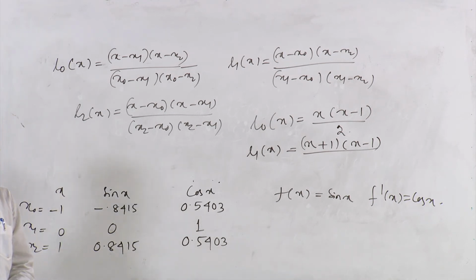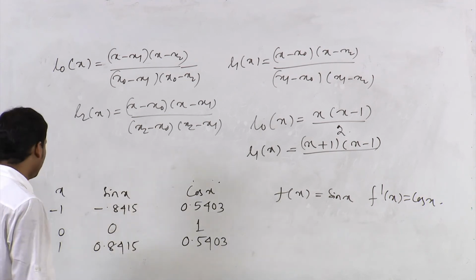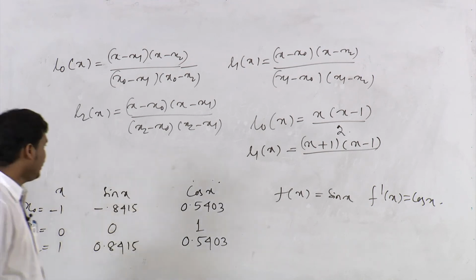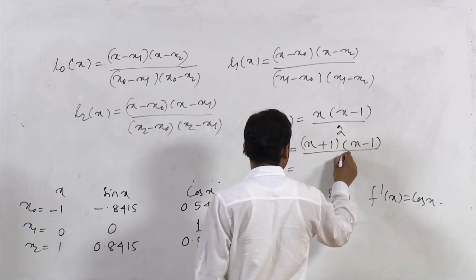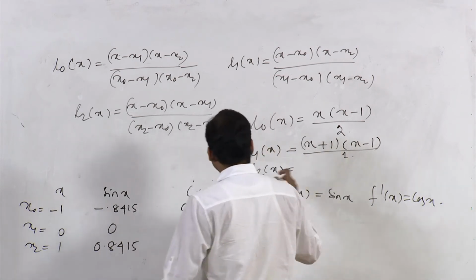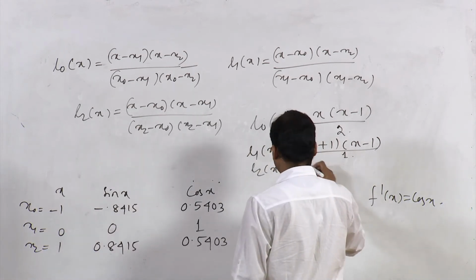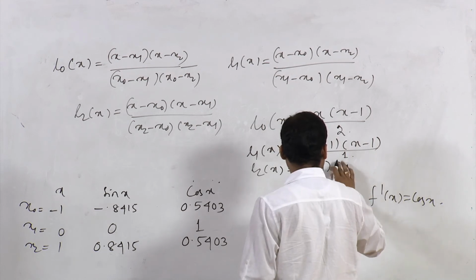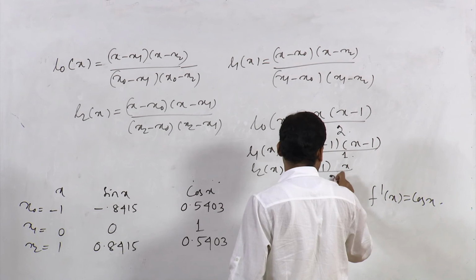So we can write this as minus of x plus 1 by x minus 1 divided by 1, it will come. Similarly you can obtain L2x, that is x minus x0. So that is how you can write x plus 1, then x minus 0, this means that x only, divided by 2 here.